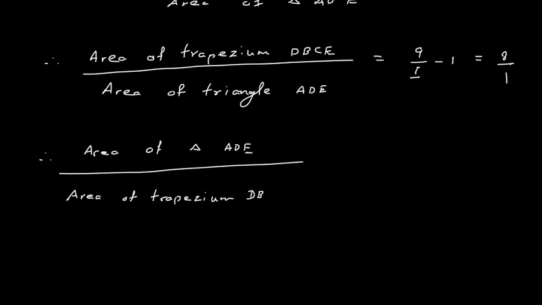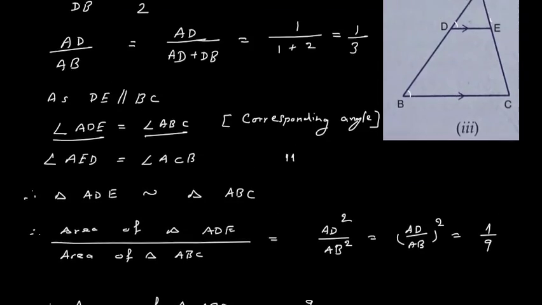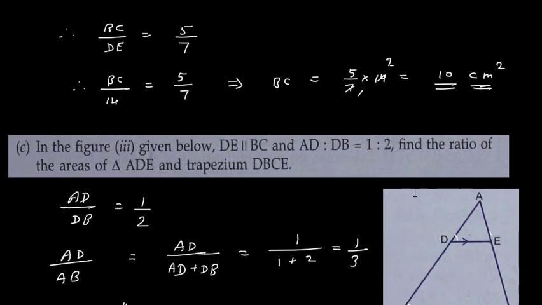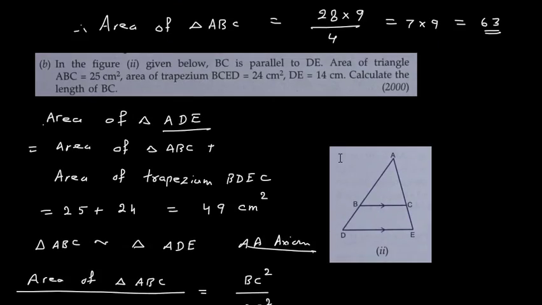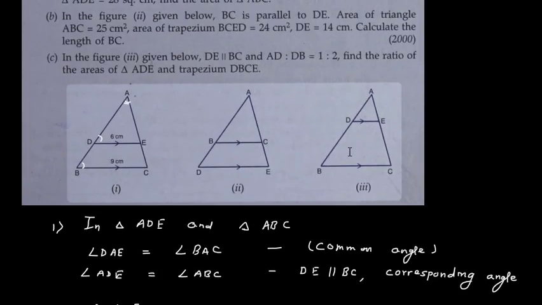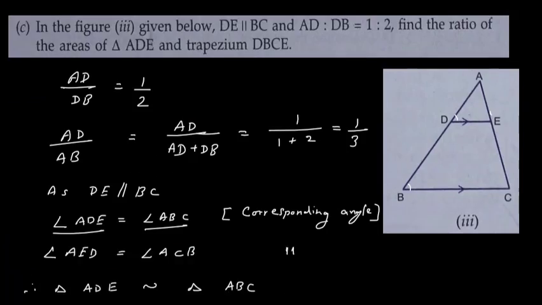So this is 8 upon 1, so this will be equal to 1 upon 8. So this is your final answer. Simple. Okay, this is your C part, question C. Okay, so A, B, C, 6 we have done.